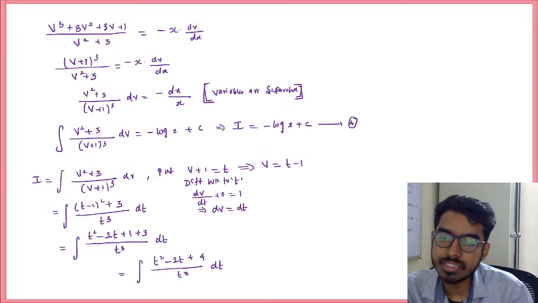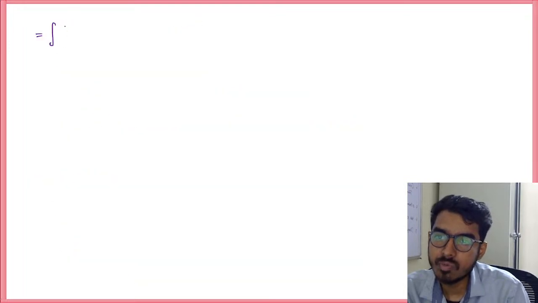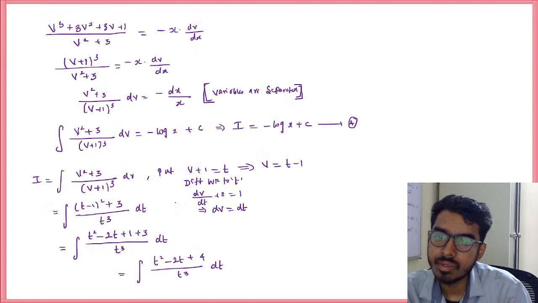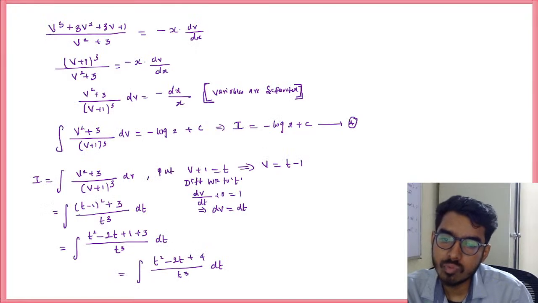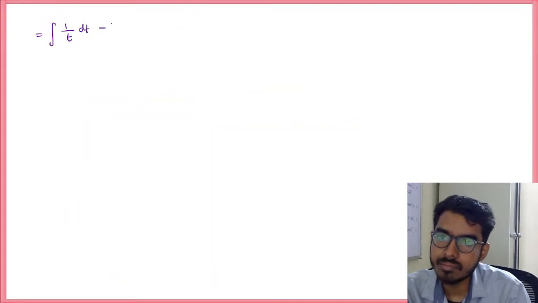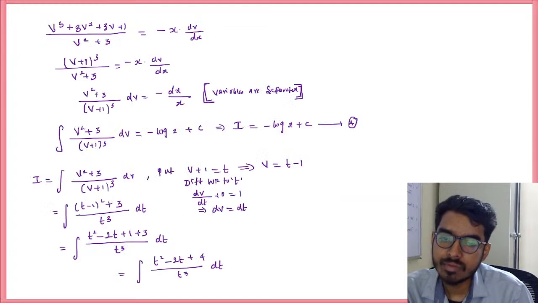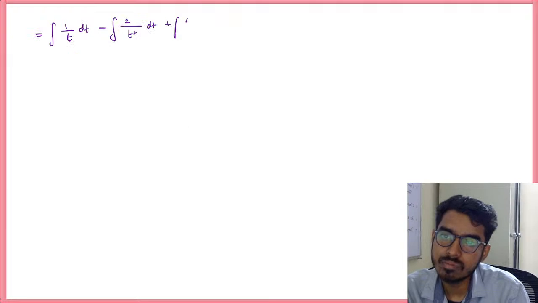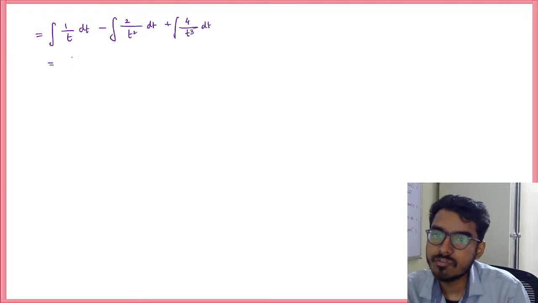Separate this, divide this individually. This will be integration of t square by t cube, it will be 1 by t dt, minus 2t by t cube, it will be 2 by t square dt, plus 4 by t cube dt. Integration of 1 by t is log t.